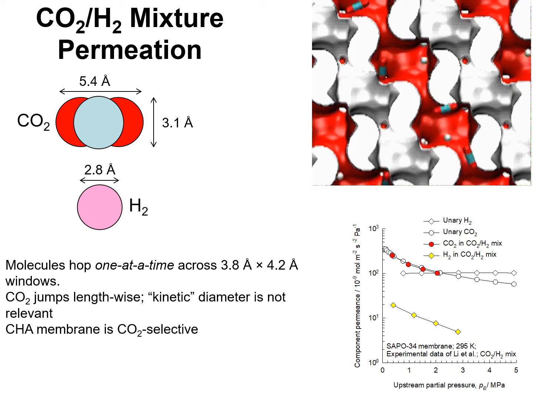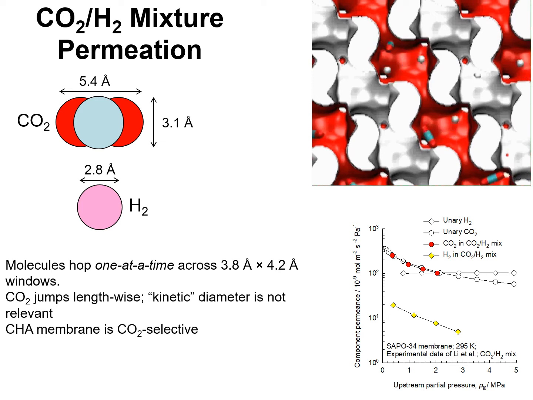The diffusion selectivity is in favor of hydrogen. The adsorption selectivity is in favor of carbon dioxide. The adsorption selectivity in this case overrides the diffusion selectivity and the mixture permeation favors CO2.